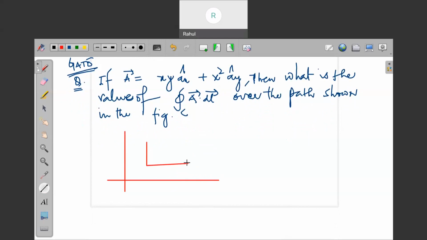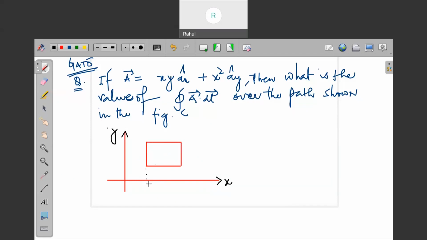Let me draw it: a path along the x-axis, and they have also given the path along the y-axis like this.